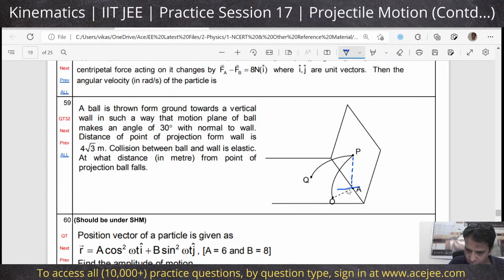That means this angle is 30 degrees. Is that clear? And this distance OA is given to be 4√3 meters. They're asking for this distance.